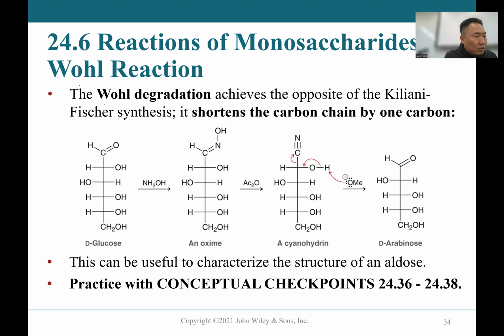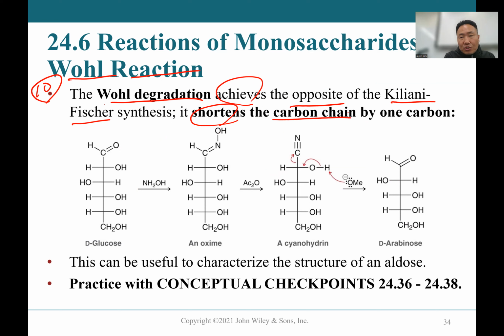So reaction number 10, the Ruff reaction. Ruff degradation achieves the opposite of the Kiliani-Fischer synthesis. It shortens the carbon chain by one carbon. So you can use hydroxylamine. D-glucose reacts with hydroxylamine to generate an oxime.